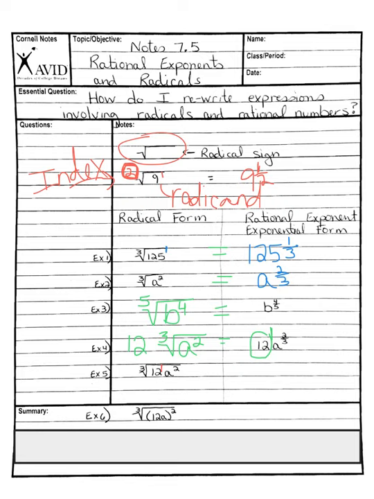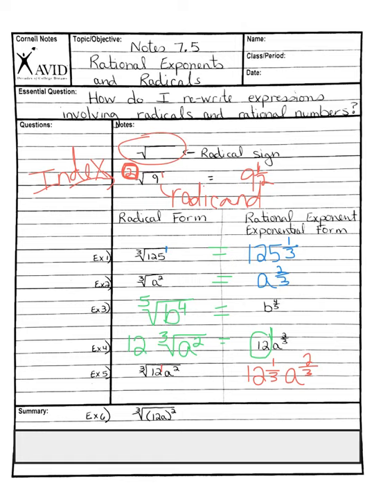So as we write this as a rational exponent, our base is 12 to the 1st power, and our index is 3. But our other base is a to the second power with an index of 3. So because we got to look at every single part of the term and what the power is, that radicand had a 12 to the first power and an a squared.